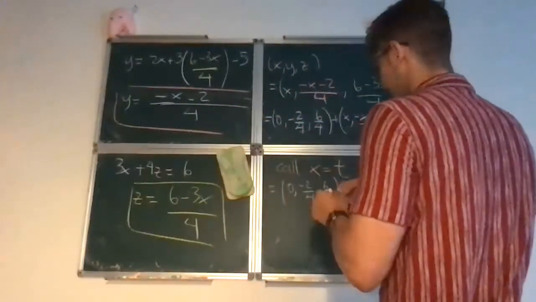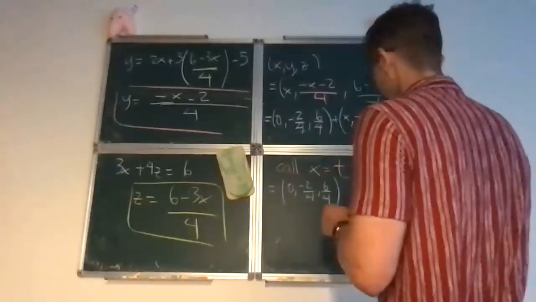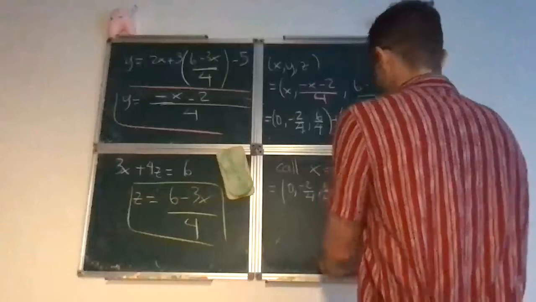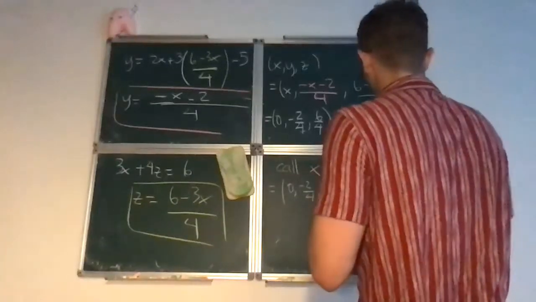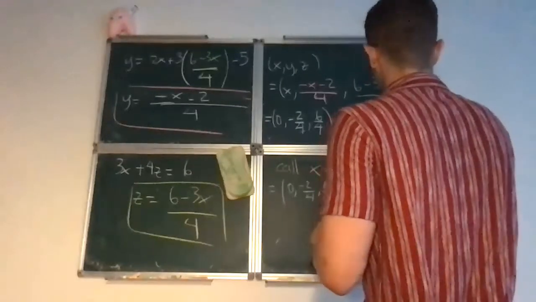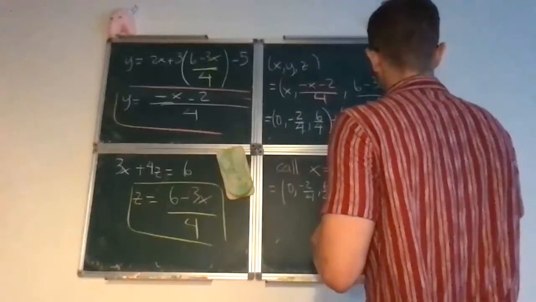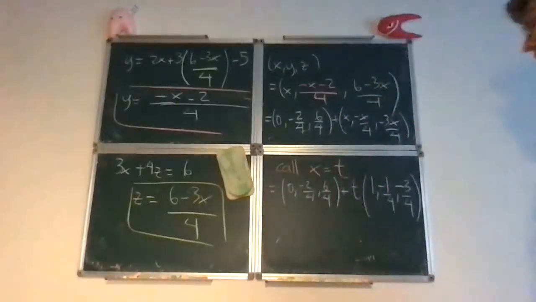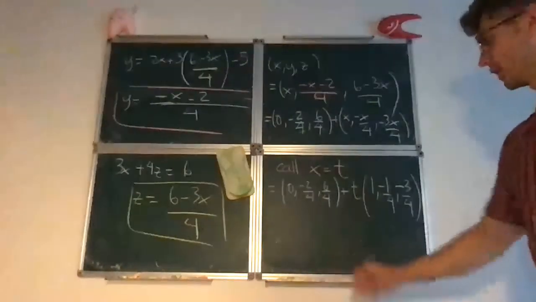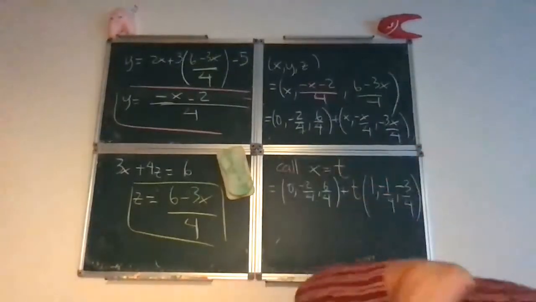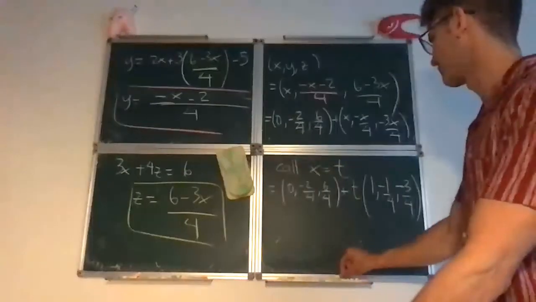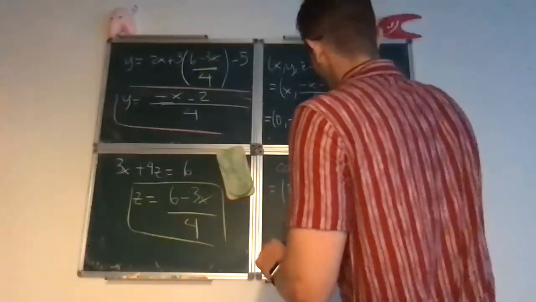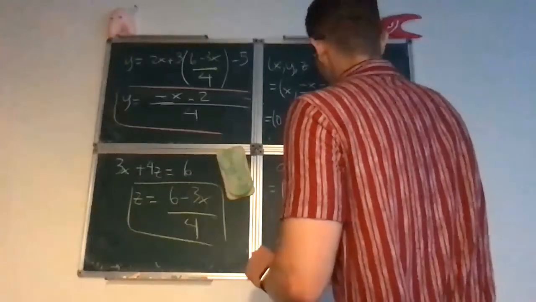You can factorize an x because it's everywhere on this vector, but you factorize it as a t. And so you get (1, negative 1/4, negative 3/4). Okay? And that's like the equation r of t of a line, because notice that this is a point plus t times a vector. So this is the equation we were after.